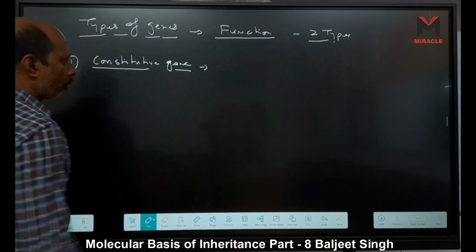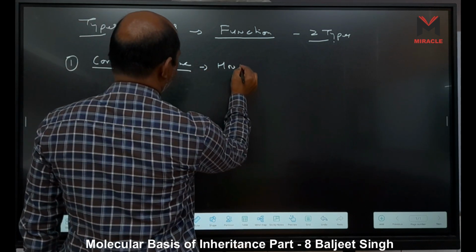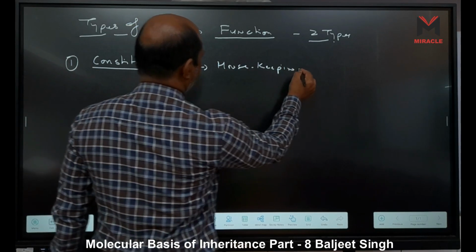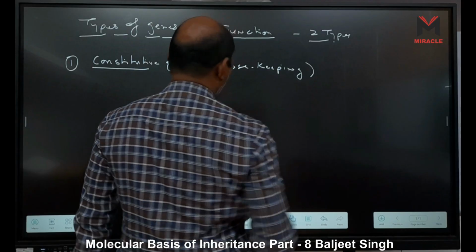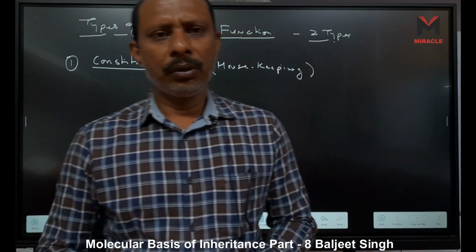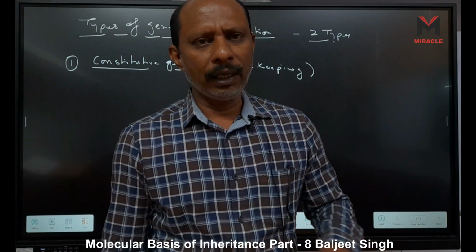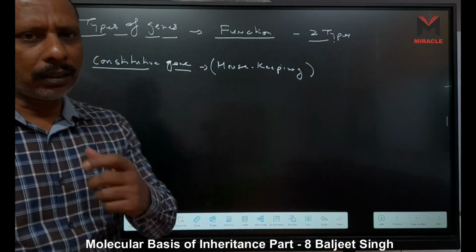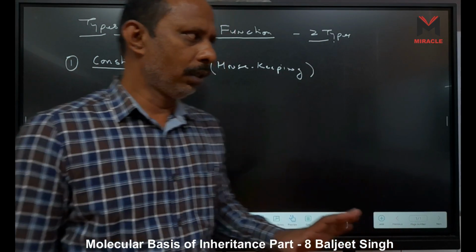Constitutive genes are also called housekeeping genes. Housekeeping means this: look here, our domestic works are compulsory works, so they are continuously going on day by day, every day, right? And here also, these constitutive genes are constantly going on.